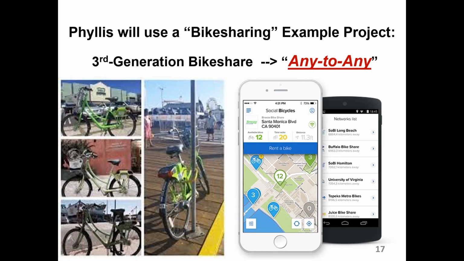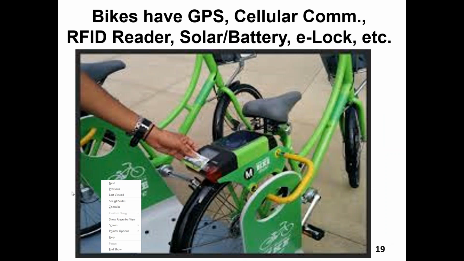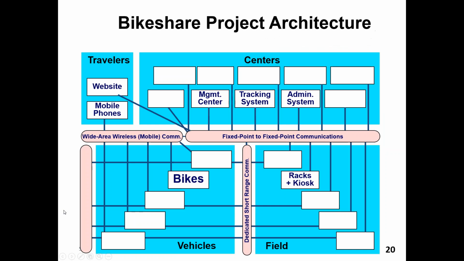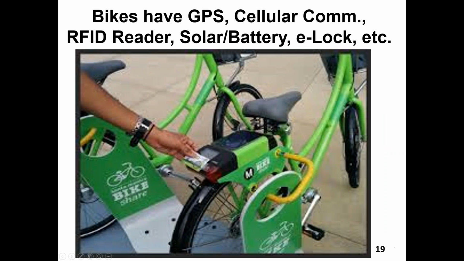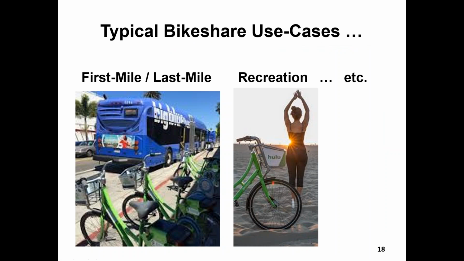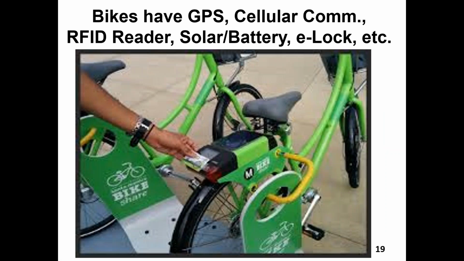Move around, and you find your bike with a smart website. Go get it, and lock it up somewhere else. It's typically last mile and recreational use, and it's finding uses in a lot of ways.